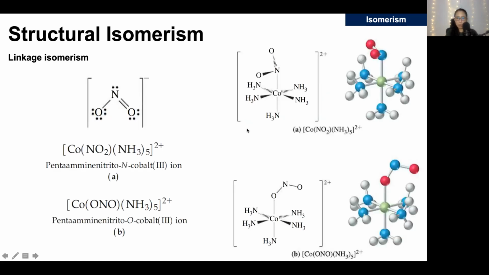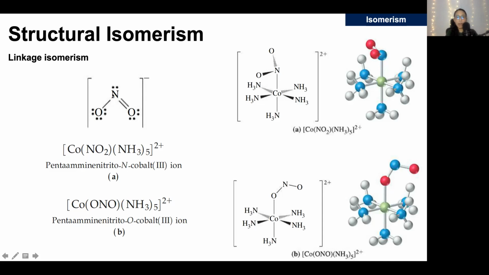The next type of structural isomerism is linkage isomerism. This is displayed by ligands that can attach through several atoms. What does that mean? For example, nitrite, NO2 minus.